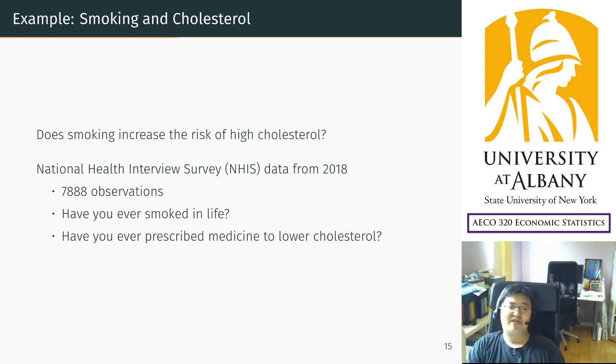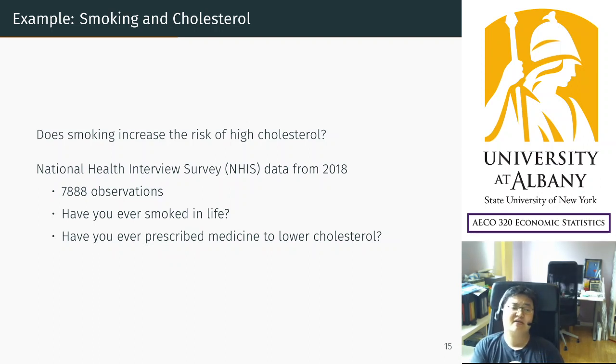I'll give you another example with real data. In this example, the main research question is whether smoking increases the risk of high cholesterol or not. I use real data, which is the National Health Interview Survey. The most recent one available to me was 2018.